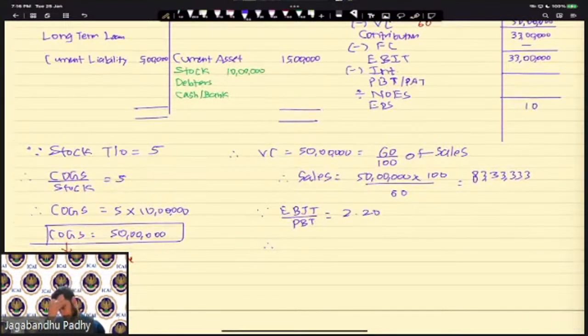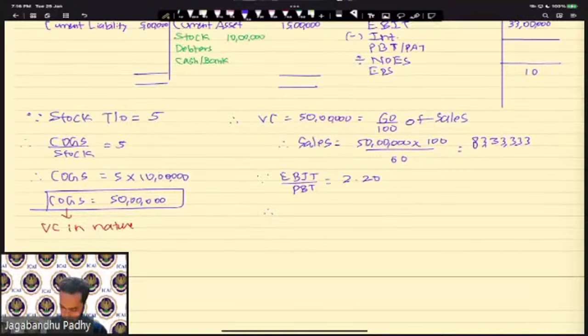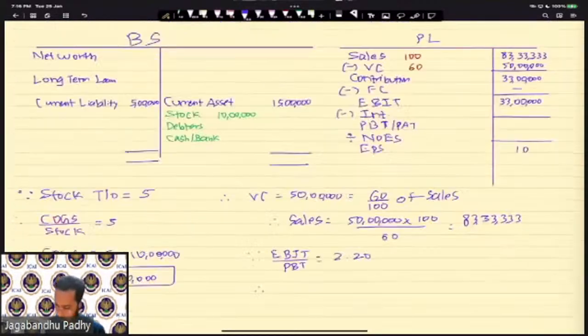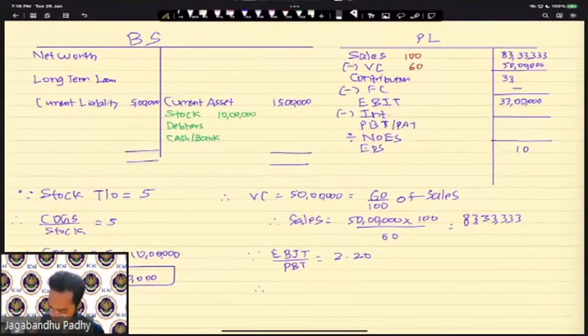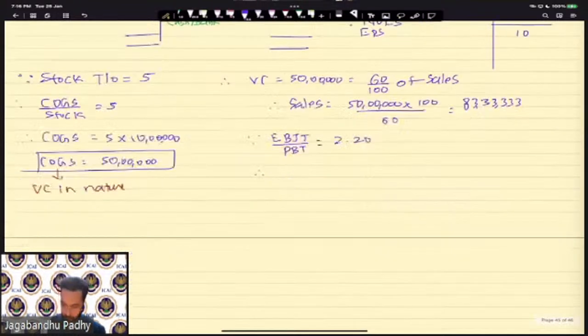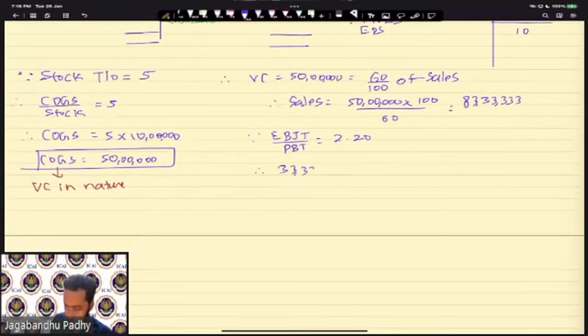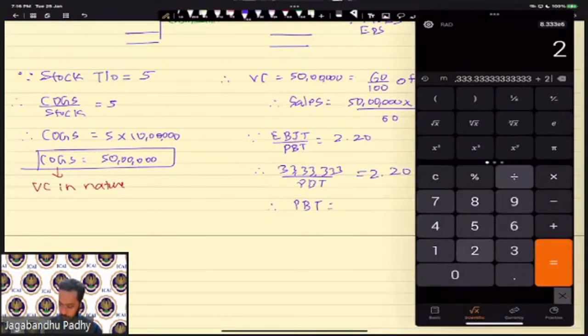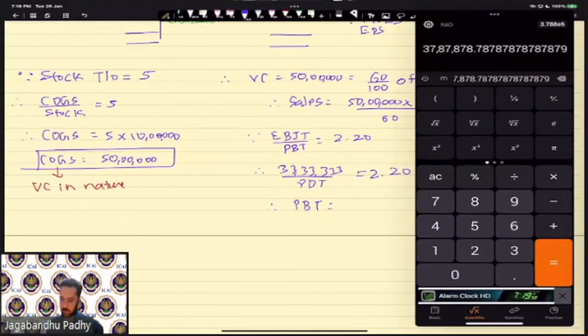Since EBIT to PBT, earnings before interest and tax to PBT, is 2.2, therefore EBIT is 33,33,333. 33,33,333 upon PBT is 2.2. Therefore, profit before tax will be this divided by 2.2.